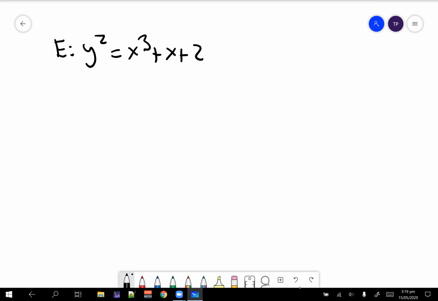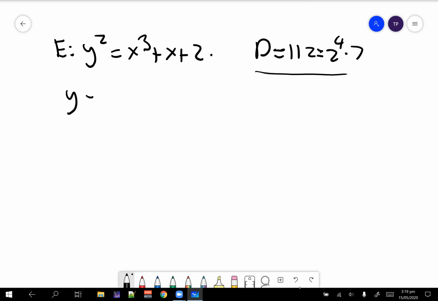Consider this elliptic curve. Then the discriminant is 112, which is 2 to the 4 times 7. That's a typo in the notes. And then that means the possibilities of y. Recall that for a point of finite order on E, the y coordinate squared has to divide D or be 0.